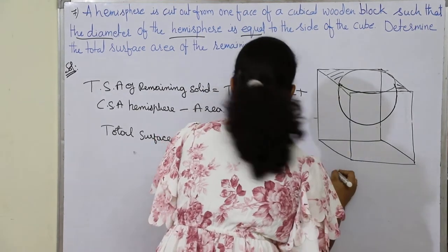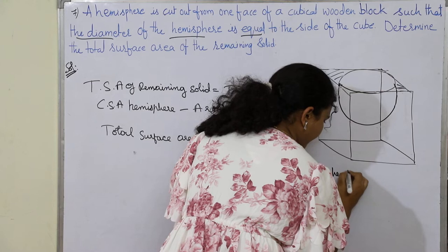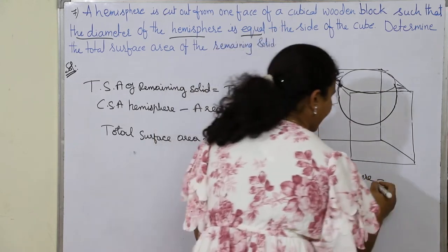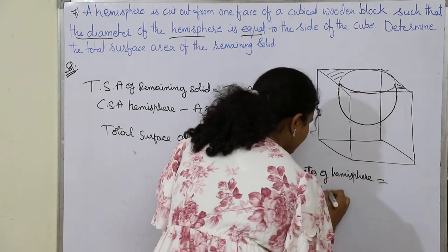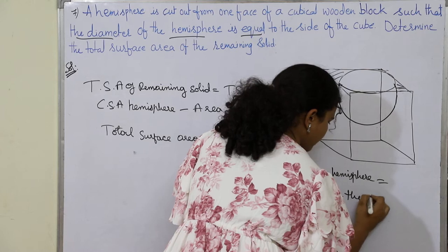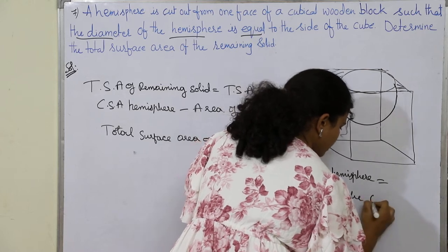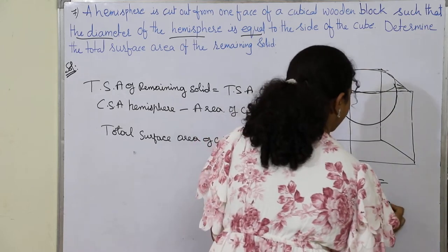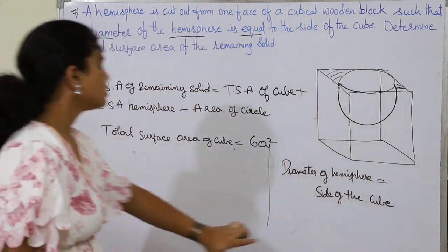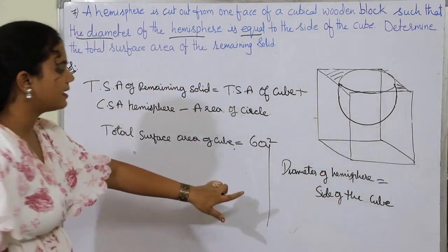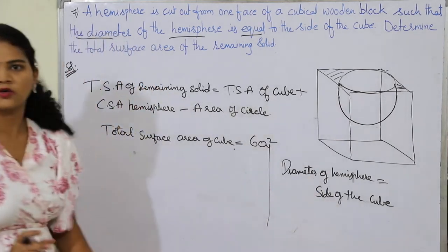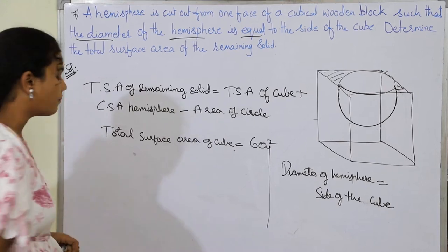They haven't given any diameter value, but they have given that the diameter of the hemisphere equals the side of the cube. Let the side of the cube be A.